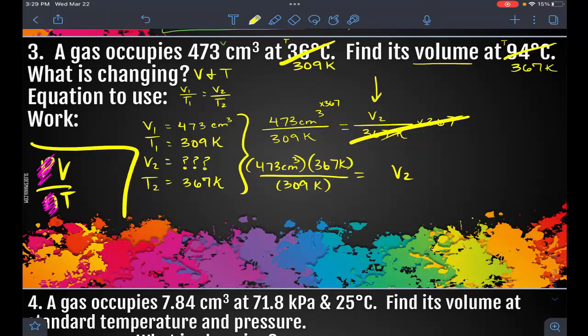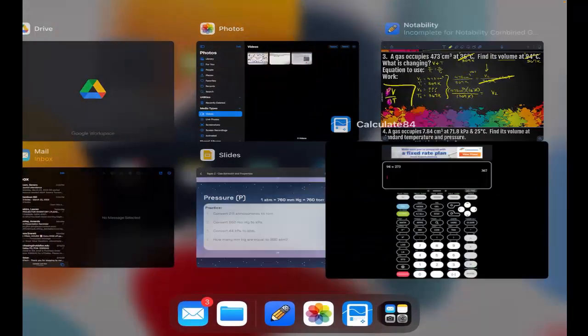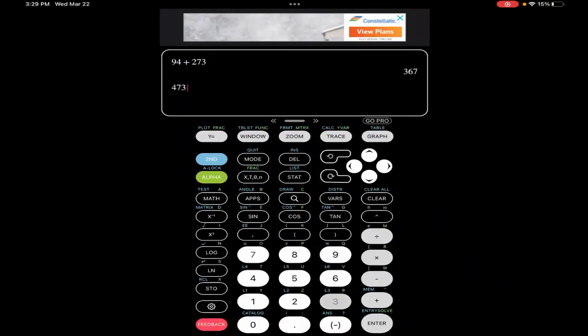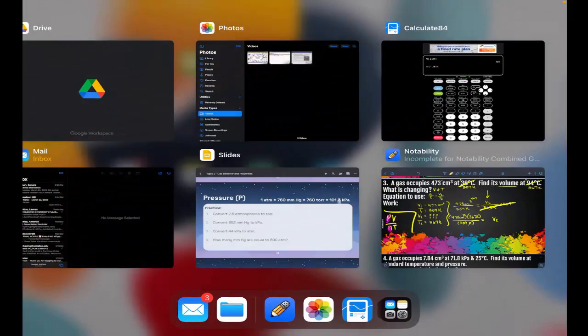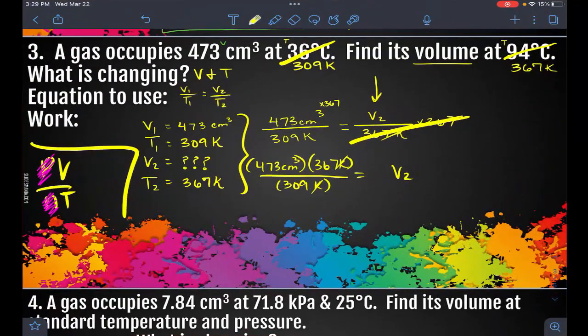So you can just rely on the basic algebra rules as well. Kelvins cancel. So my volume, let's see, 473 times 367 divided by 309.